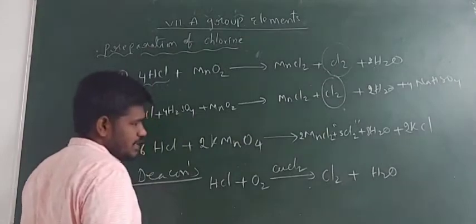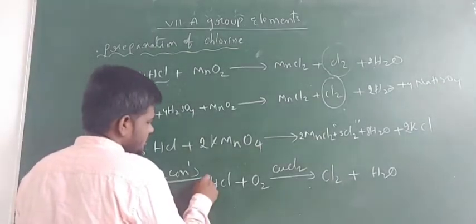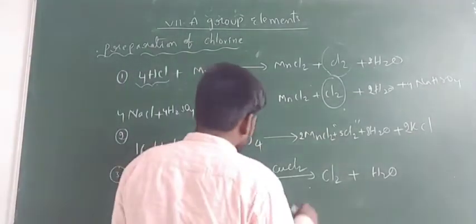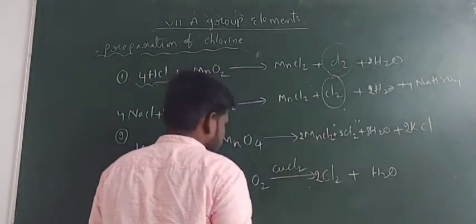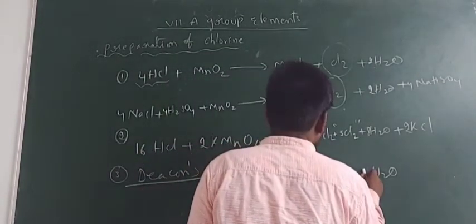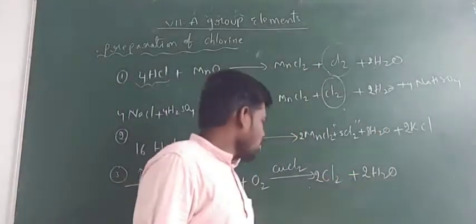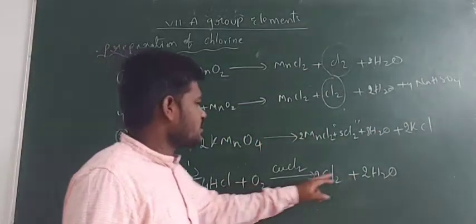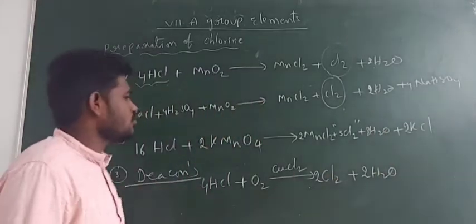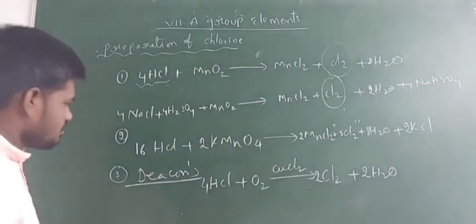So now we have to balance this equation, multiply with 4, and the next multiply with 2 here, and here you can multiply with 2. So 4 hydrogens, 2 into 2, 4 hydrogens, and 2 oxygens, and 4 chlorines. So which is a balanced equation.